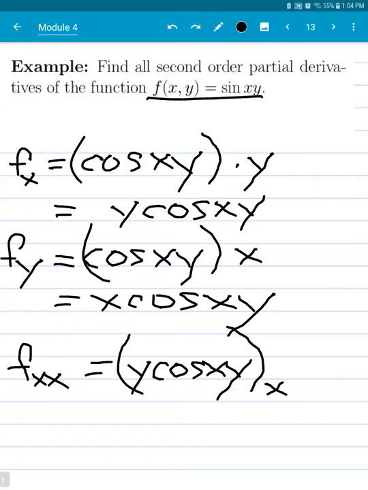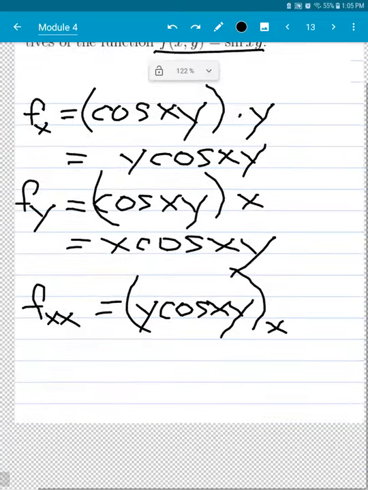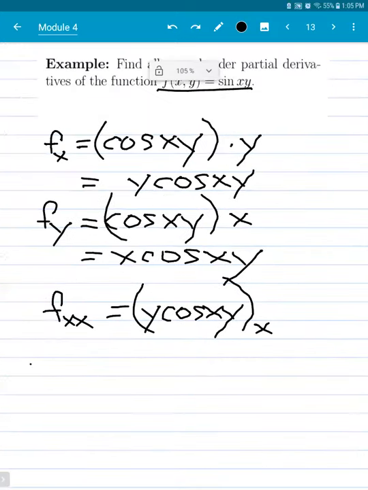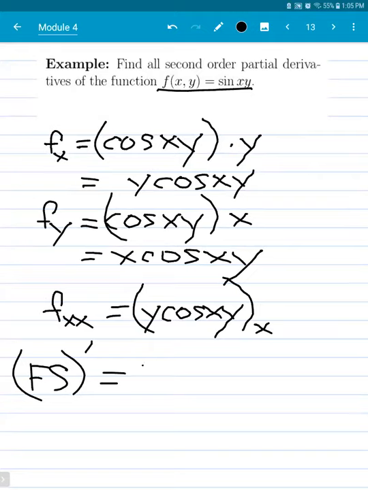So this function is going to be differentiated with respect to x. y is treated as constant. Now this is a product, so that means you have to recall your product rule. Do you still remember the product rule? When you have a product of two functions, you obtain it by multiplying the first by the derivative of the second, plus the second times the derivative of the first. So let's apply that here.